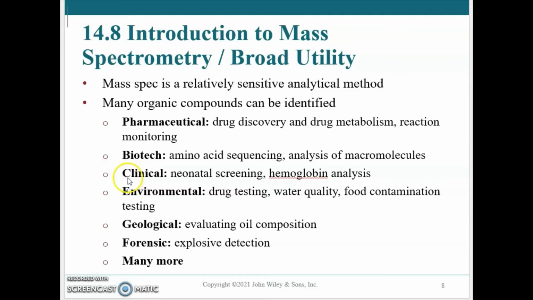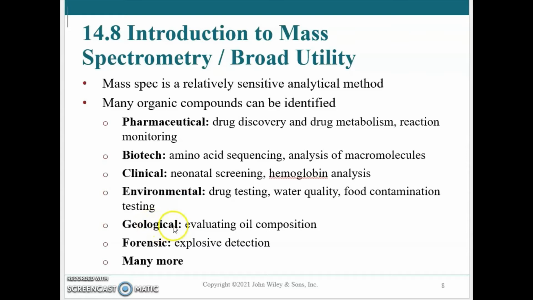Patients taking this drug routinely have their blood monitored by a liquid chromatography mass spectroscopy hyphenated assay. Environmental testing makes heavy use of mass spectroscopy for testing air, water, and soil contamination.